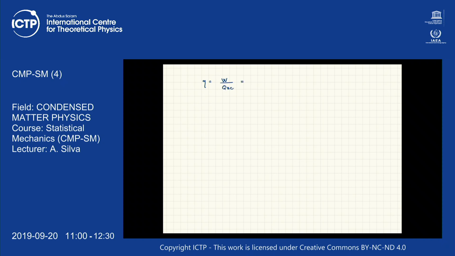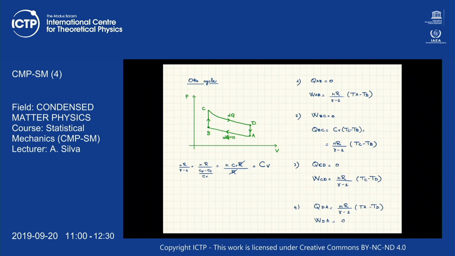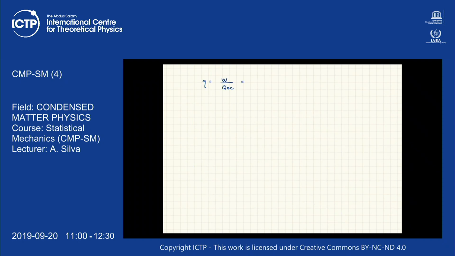So if you put in the numbers, you will discover that this is equal to 1 minus (TD minus TA) over (TC minus TB). What a great result. Instead of having the ratio of 2 temperatures, now I have 4 temperatures. Magnificent. So what can I do with this?